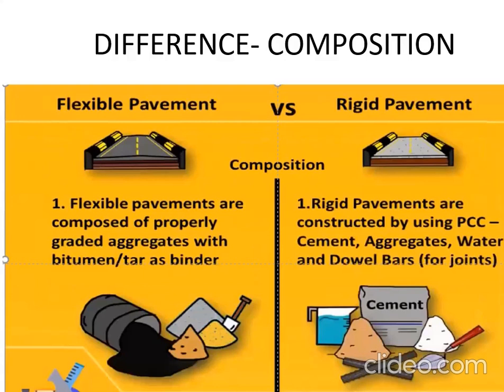As you can see, flexible pavements are composed of properly graded aggregates with bitumen as a binder, while rigid pavements are constructed by using PCC, cement, aggregate, water, and dowel bars for joints.